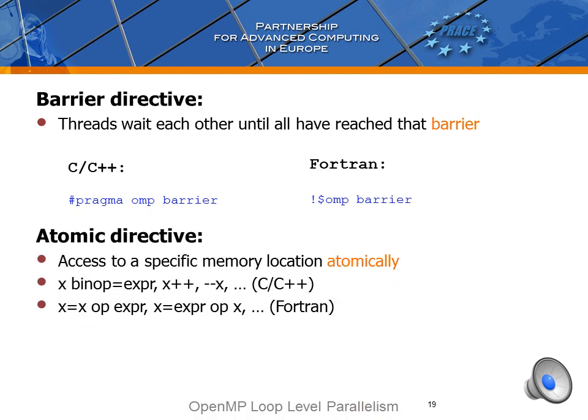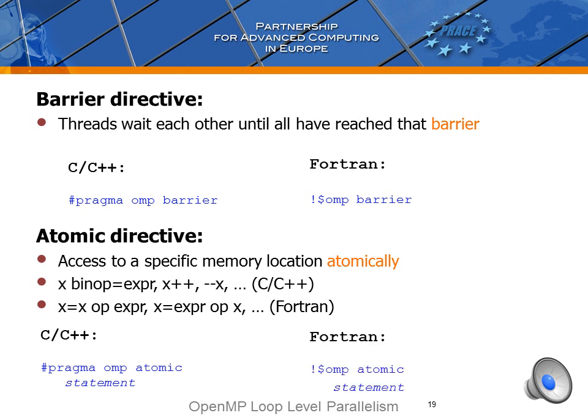The atomic directive is a special case of a critical section that can be used for certain simple statements. It ensures that a specific memory location is accessed atomically, rather than exposing it to the possibility of multiple simultaneous reading and writing threads. An atomic statement after the OMP atomic pragma must follow a specific syntax.